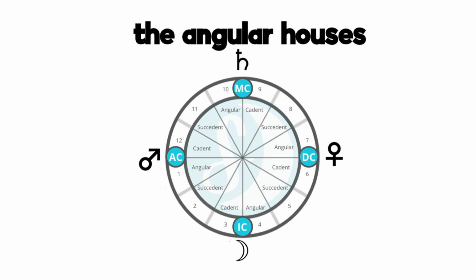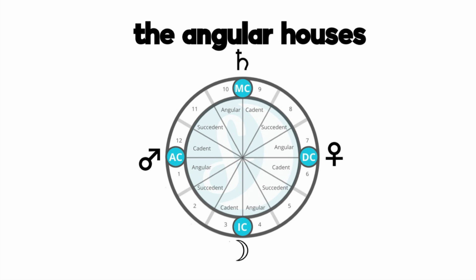And it is also how you as an individual interact with the world. And this is an important house to interpret, and you should start here when you want to understand more about who you are.